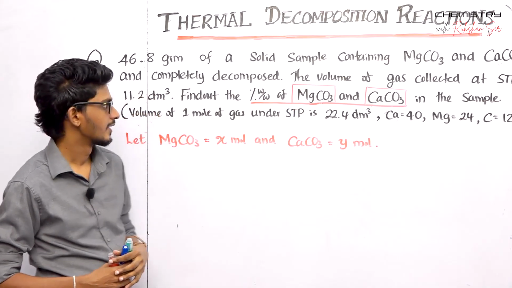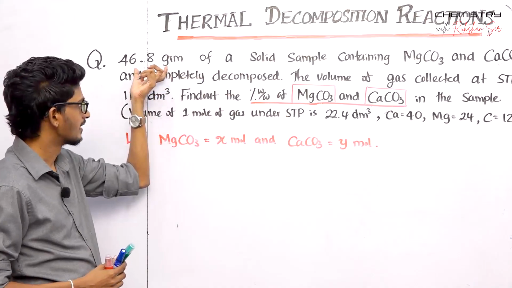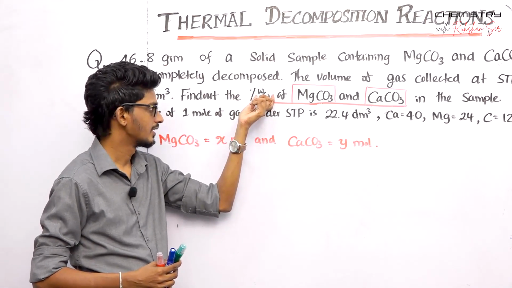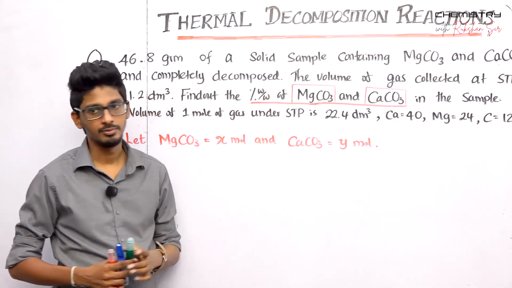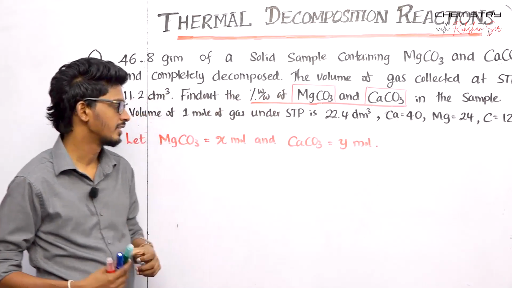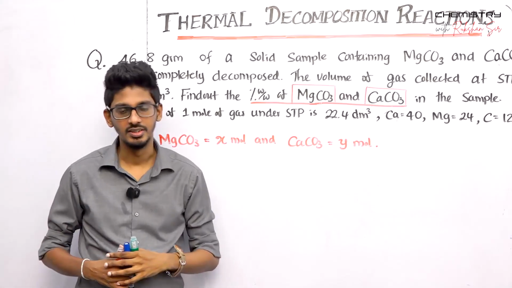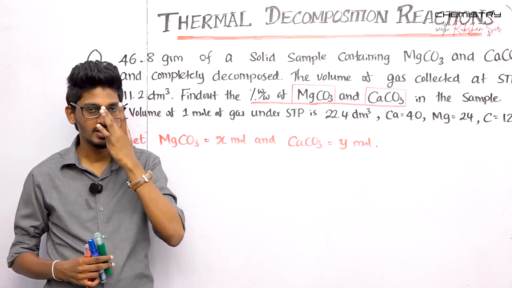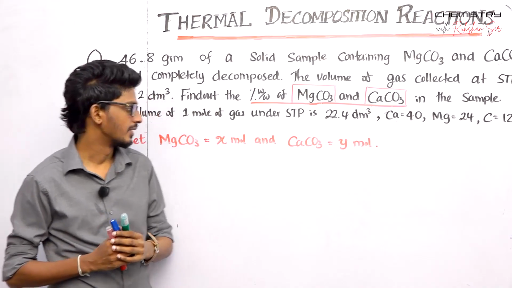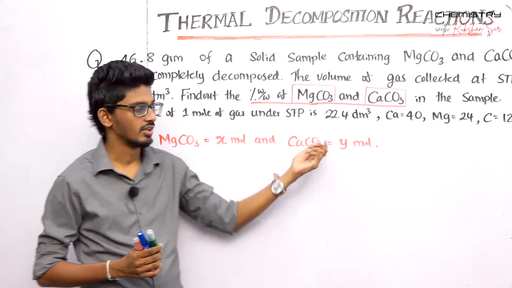As the total mass is given, you can come up with the mass fraction, then the mass percentage as well. For calcium carbonate the same thing is valid. So our first task is to come up with the X and Y values.